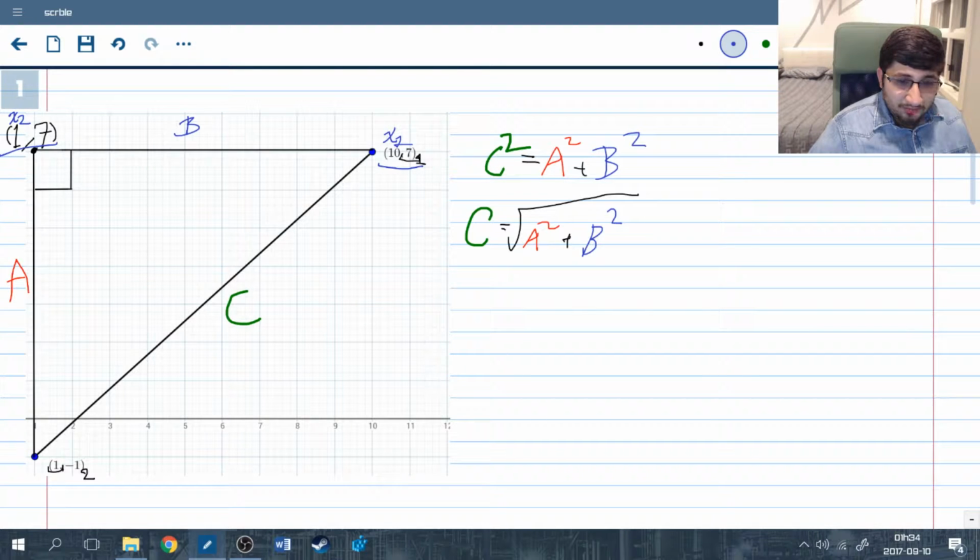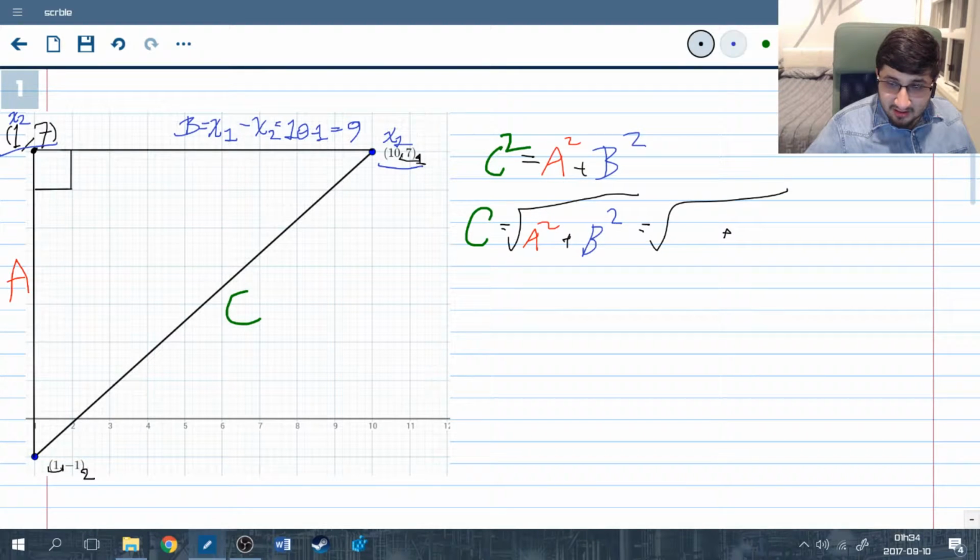With that, we can do x1 minus x2. Traditionally, people would like to do it the other way, x2 minus x1, though it really does not matter. In this case, we get 10 minus 1, which is equal to 9. So we'll say here that c is equal to the square root of something plus 9 squared. Actually, let's draw it underneath so it looks a little more concise.